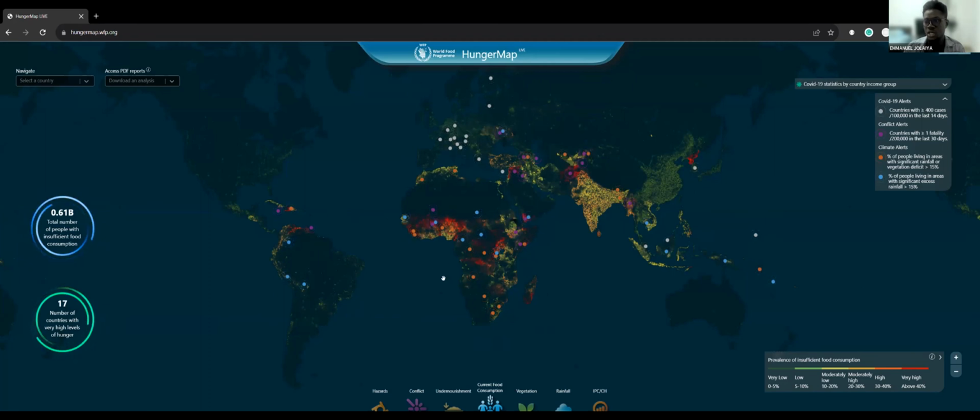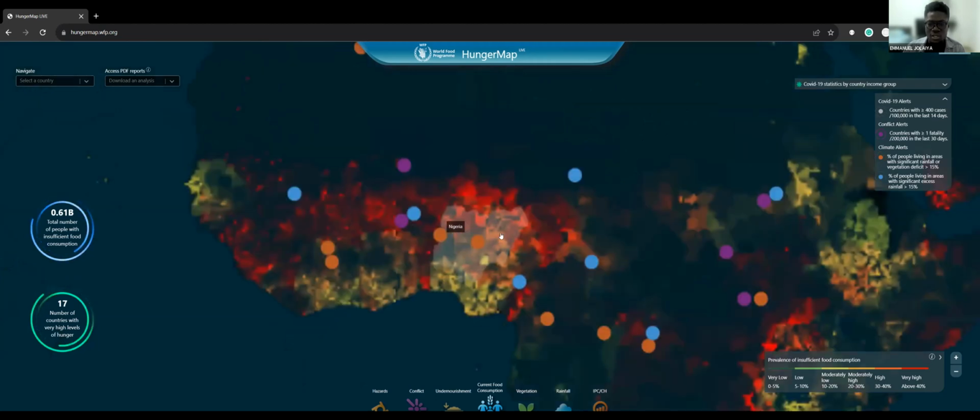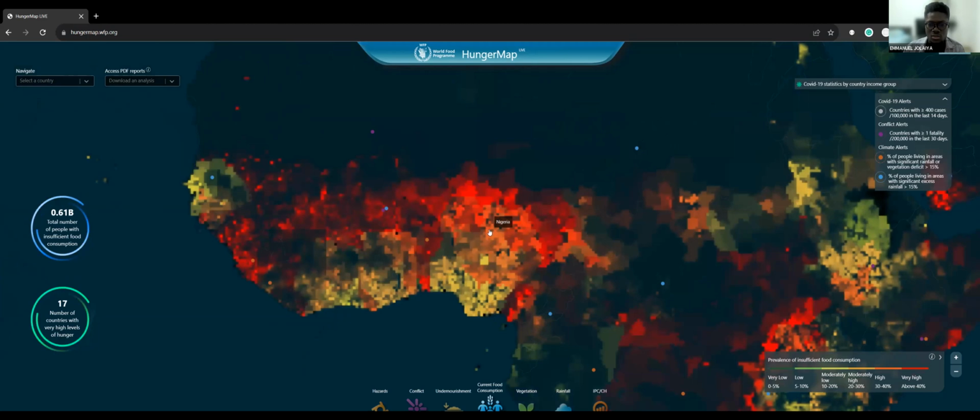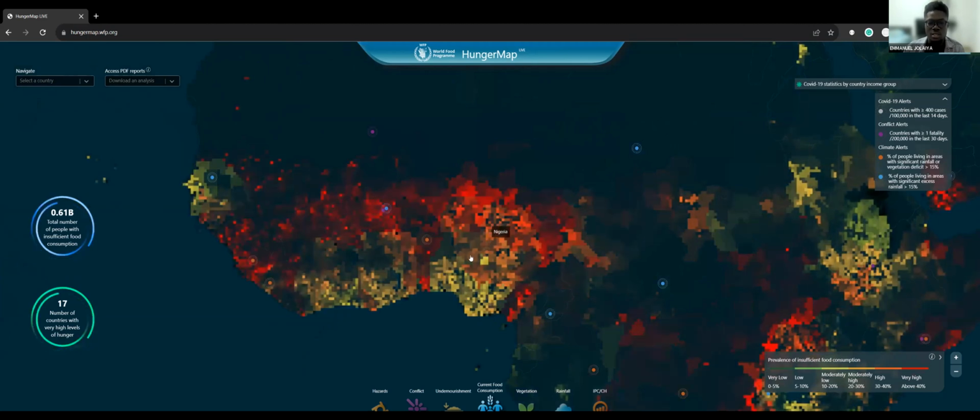So this is just one of the outputs of GIS. But the main work powering this platform is a lot of analysis that is presenting the results like this. Before you even start thinking of presenting your results, you would have performed a lot of analysis, and that's the fun part.